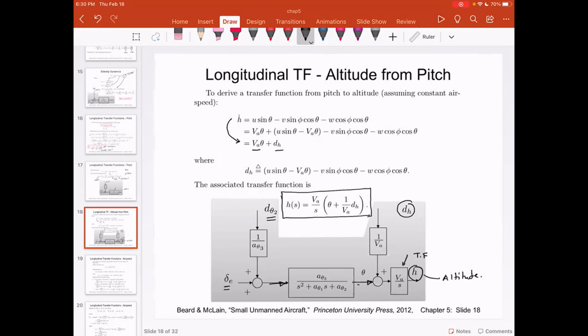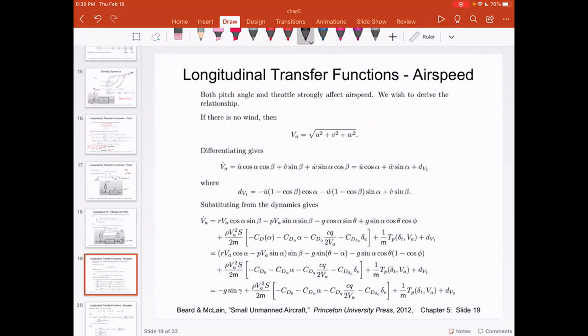Now we are going to extend this to find airspeed. Now please note airspeed, once again, what airspeed is. If you have an aircraft, the aircraft is going to have velocity in 3 coordinates. It will have a velocity u, it will have a velocity w, and it will have a velocity v.